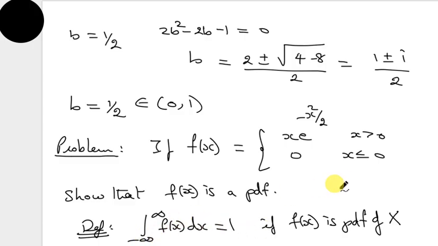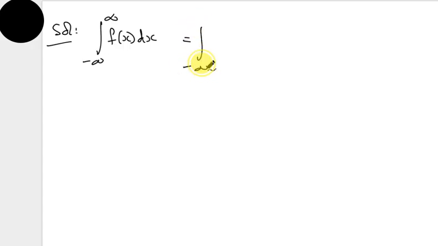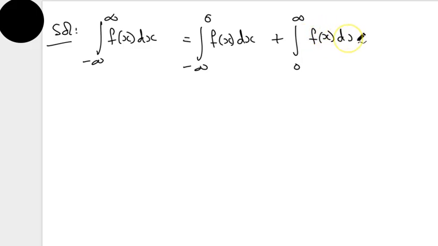We are not running from minus infinity because the value exists only from 0. Therefore, consider integral minus infinity to infinity f of x dx. It goes from minus infinity to 0 f of x dx plus integral 0 to infinity f of x dx.